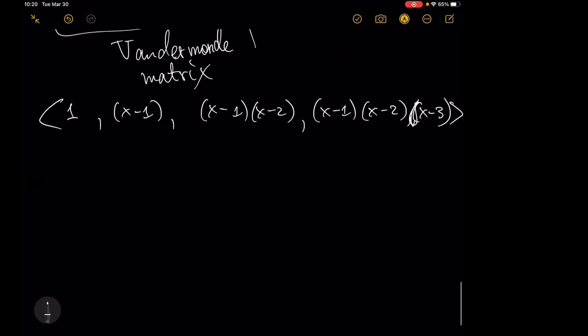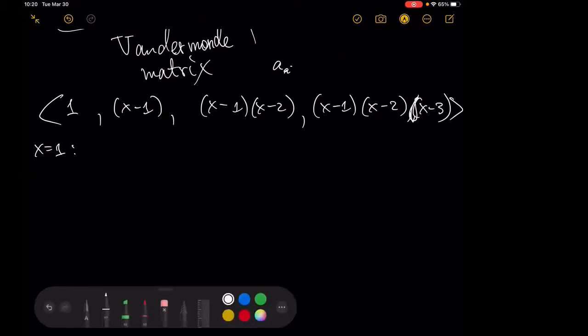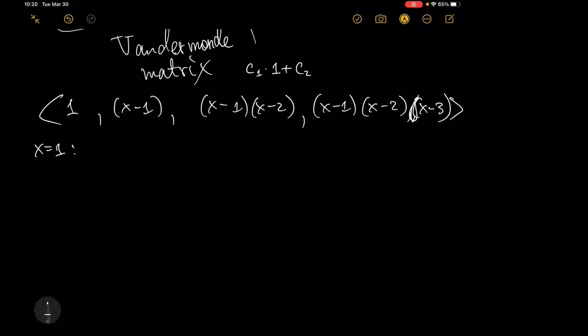And then what you can do, you can just consider now x equal to 1, the first data point. So you will be considering your function in the following way. Let me call it f of x equals C1 multiplied by 1 plus C2 multiplied by x minus 1 plus C3 multiplied by x minus 1 times x minus 2.